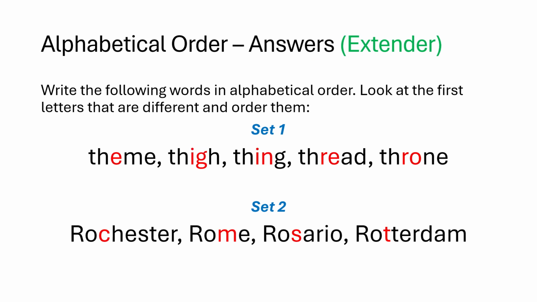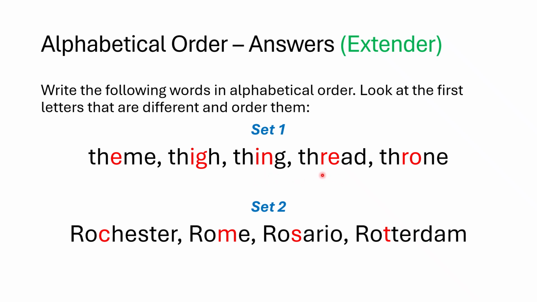Check your answers. These words are in alphabetical order by looking at the subsequent letters that are different. The third letter in theme is E. E comes before I. The third letter in thigh and thing is I. They are the same, so we look at the fourth letters. G comes before N, so thigh comes before thing.